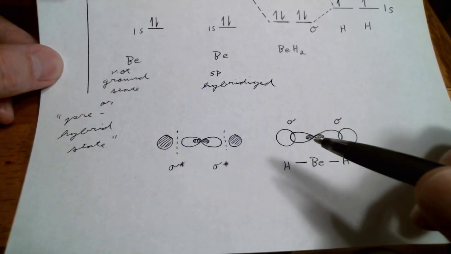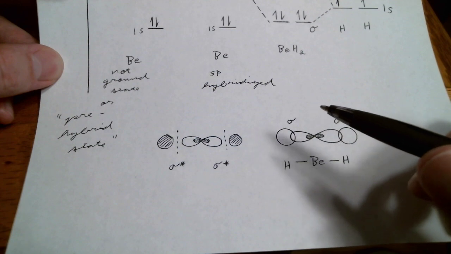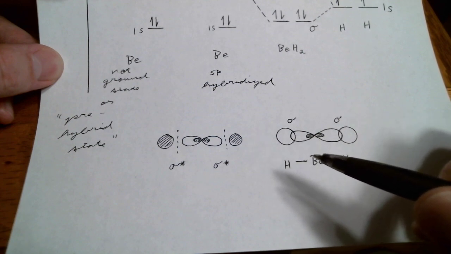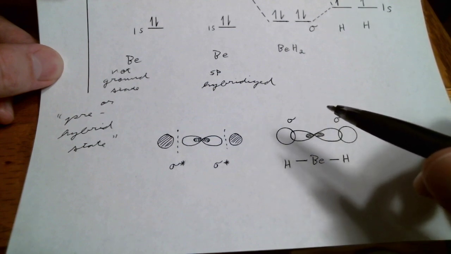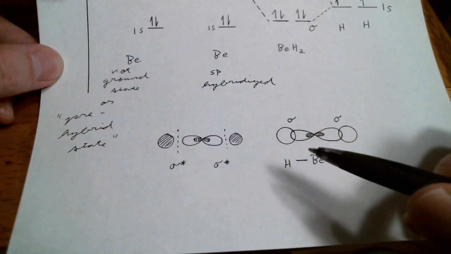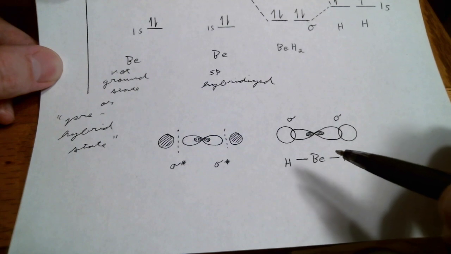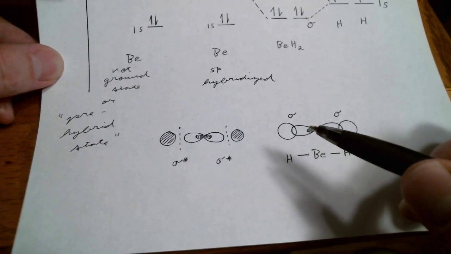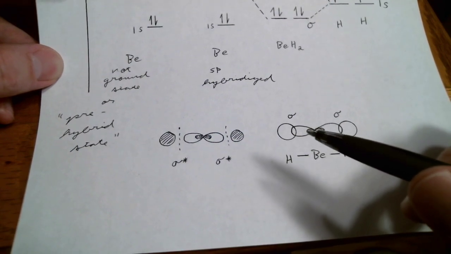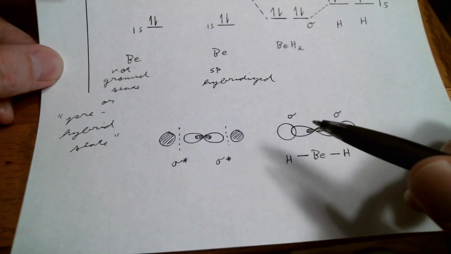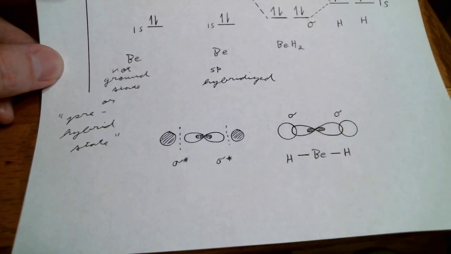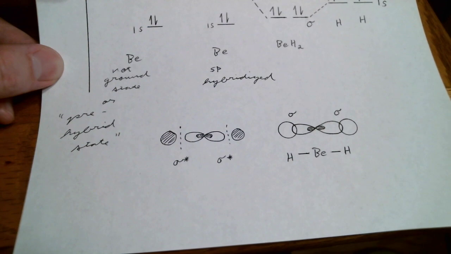Now, what I've not drawn on this are the empty 2p orbitals. One of the 2p orbitals would be in the plane of the page, one lobe going up and one lobe coming straight down, which would be of opposite phase. And another empty 2p orbital would be coming out of the plane of the page, one lobe coming out and one lobe going back behind the plane of the page, oppositely phased.